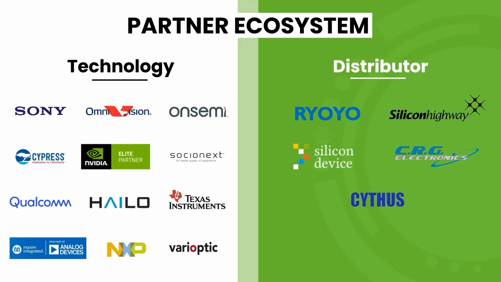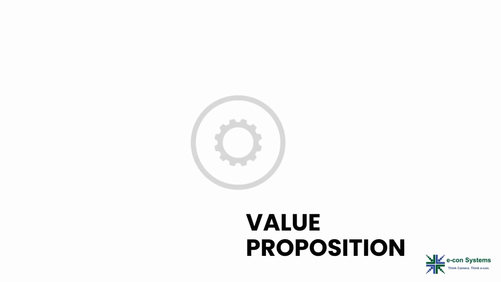We also have our distribution partners across geographies. Silicon Highway in UK and Europe, CRG Electronics in Israel, Silicon Device and Ryoyo in Japan, and we also have Cythus in South Korea.